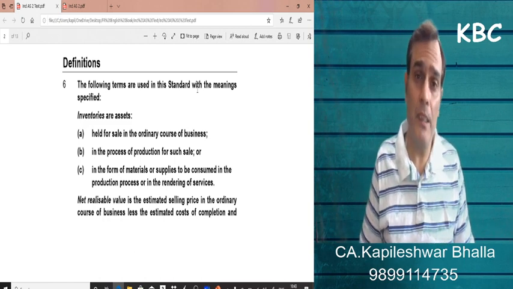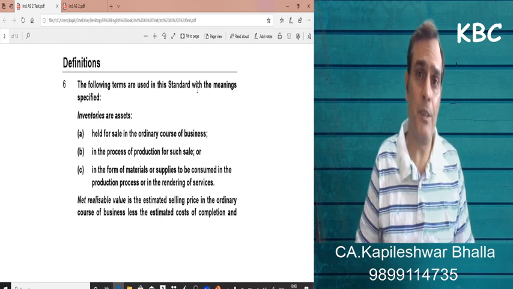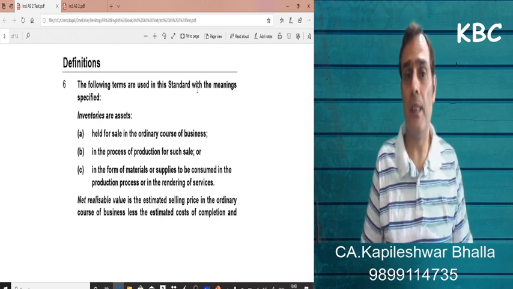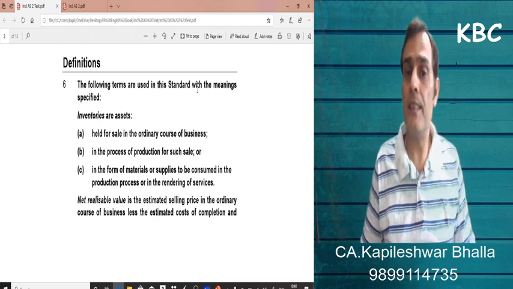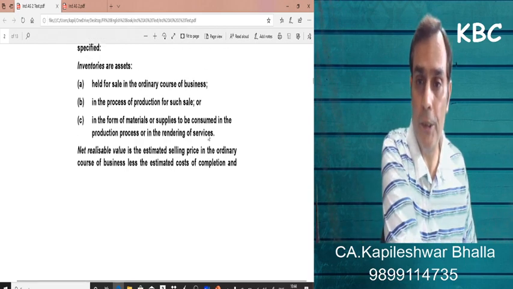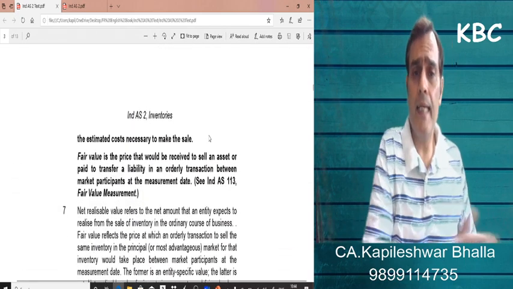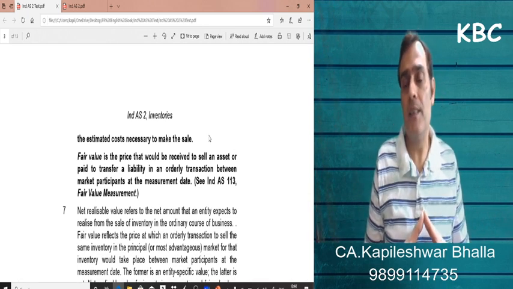There is a very deep meaning to the word estimated. I'll be very shortly coming to the term estimated selling price. In the ordinary course of business, then it says less the estimated cost of completion, and less the estimated cost necessary to make the sale.